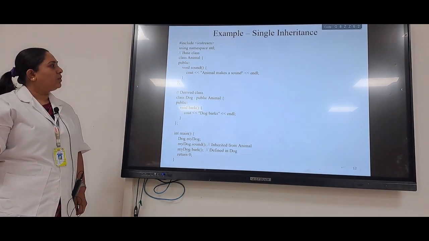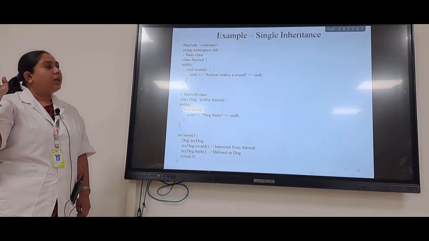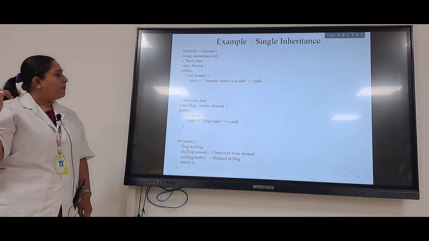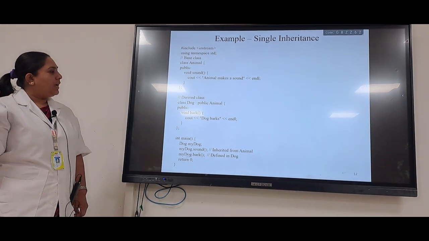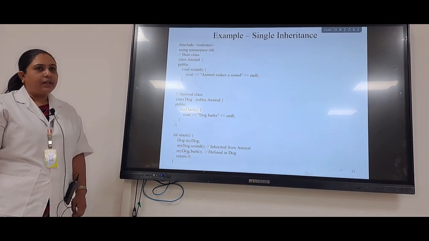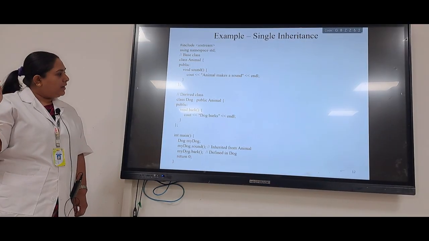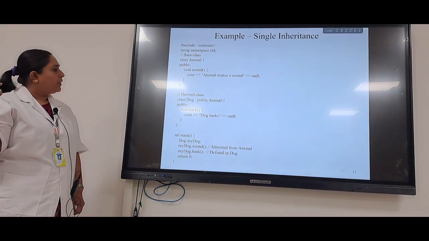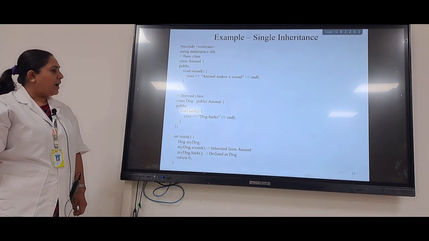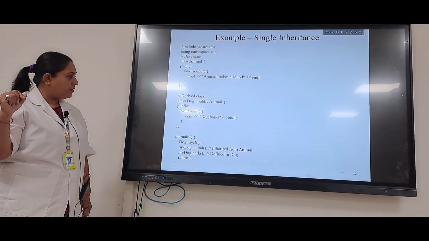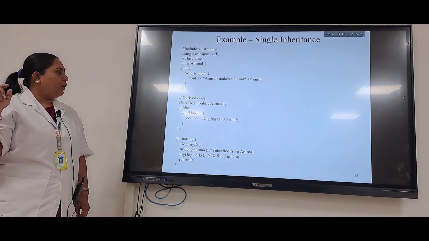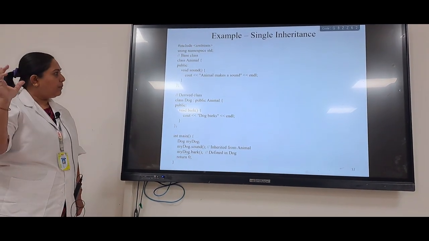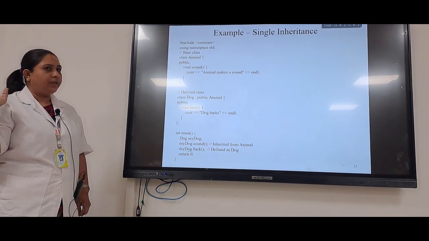With the help of cout in this member function, we are displaying this message, and with this I end my class. I have a derived class with the name dog. This derived class dog is inherited publicly from base class animal, and in this class also I am defining a member function in which I am going to output dog barks. So these are my two classes, base class and derived class.